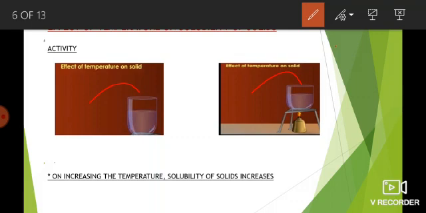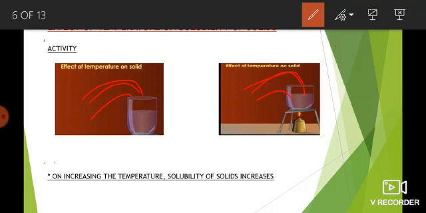Then what will we find? That sugar will dissolve. Then we will keep on adding 1 teaspoon of sugar in both tumblers till it stops dissolving. So we will keep on adding and adding in both the tumblers until it stops dissolving.